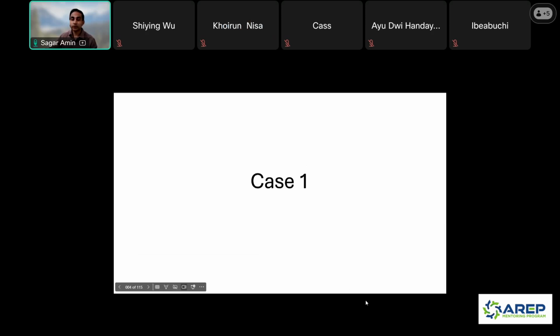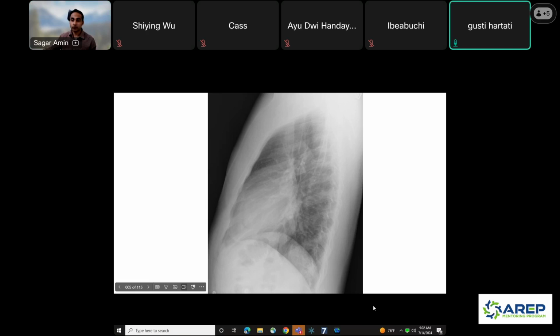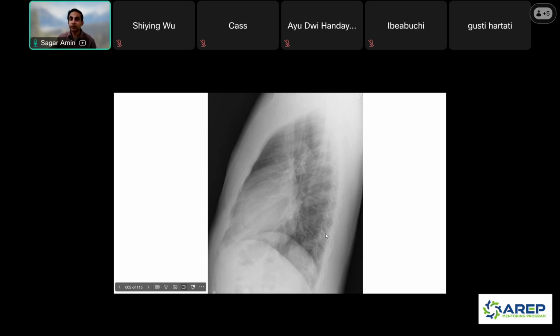All right, so the first case is a lateral X-ray. Does anybody want to describe this? There's also a chat as well.